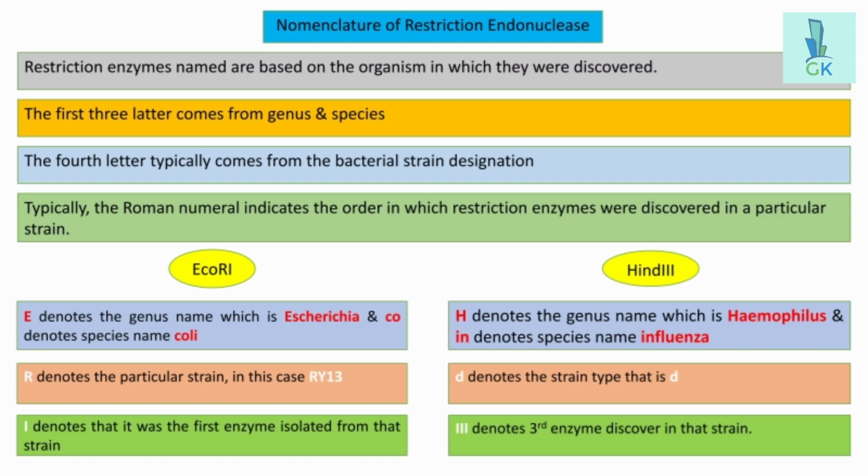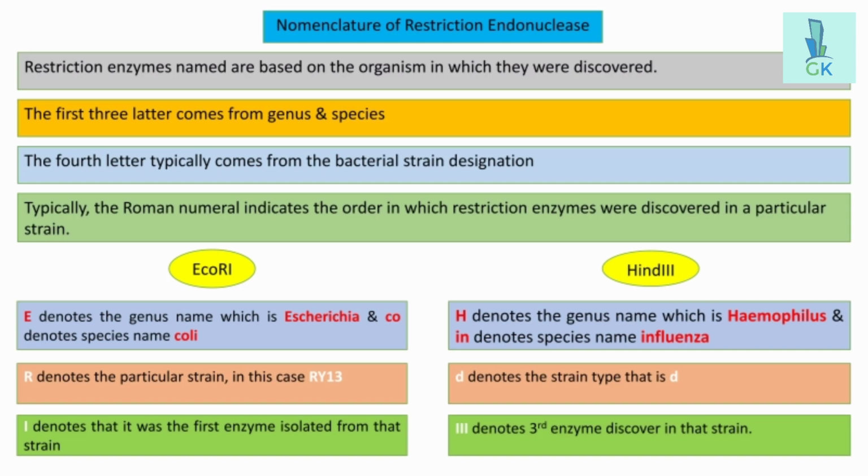We can understand this with an example. In EcoRI, E refers to the genus Escherichia and co refers to the species coli. R refers to the bacterial strain, that is RY13, and the Roman numeral I denotes that it was the first restriction enzyme discovered in that strain.